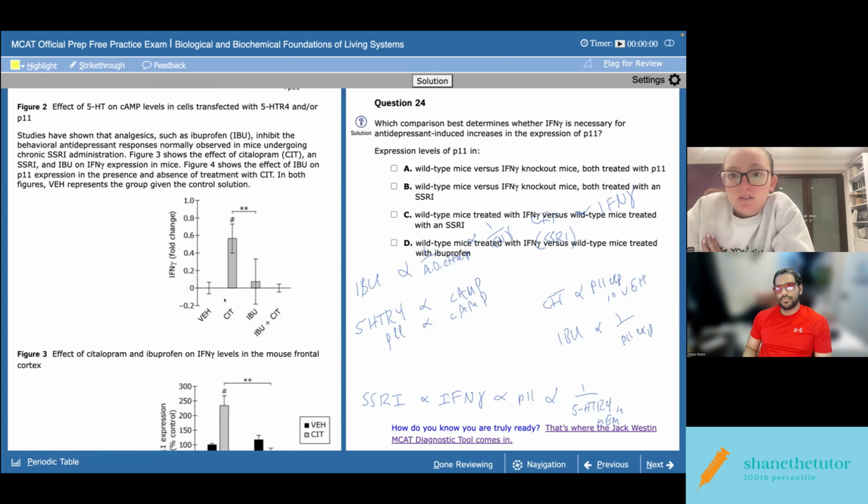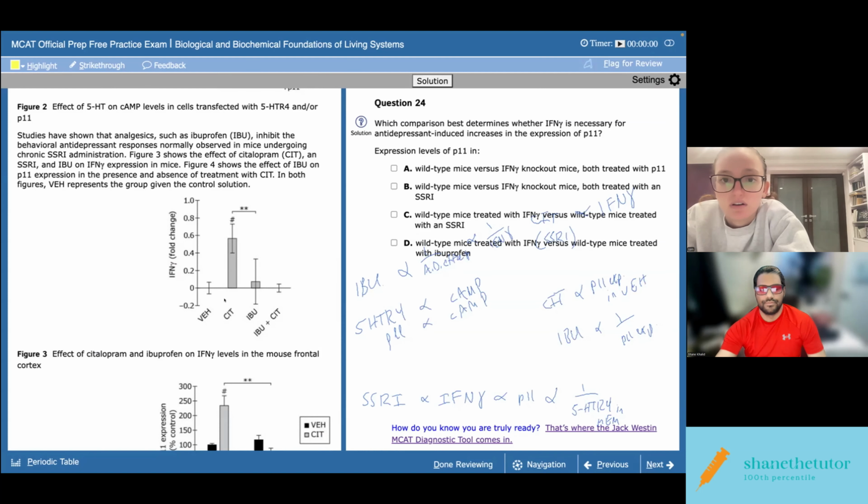Which comparison best determines whether it is necessary? I guess they're saying which one would you look at to be able to deduce it?